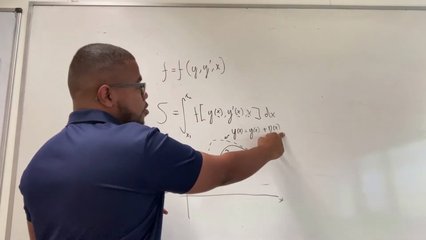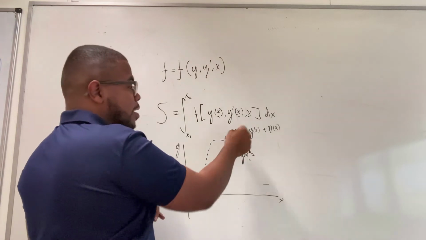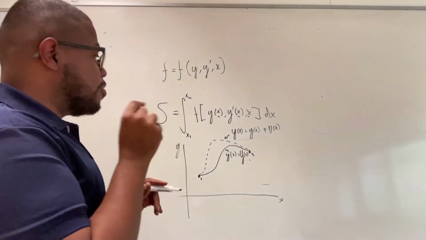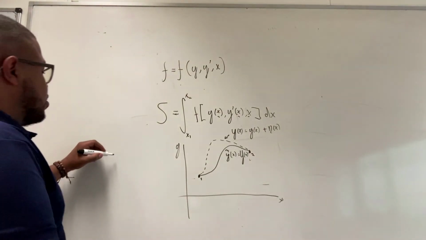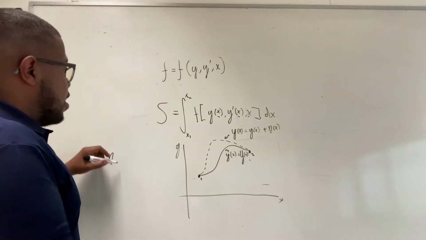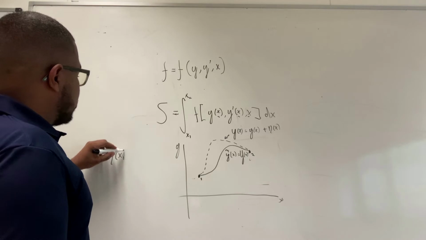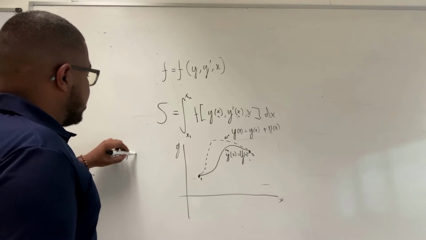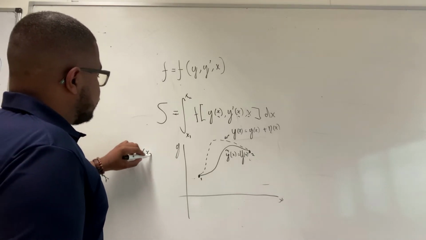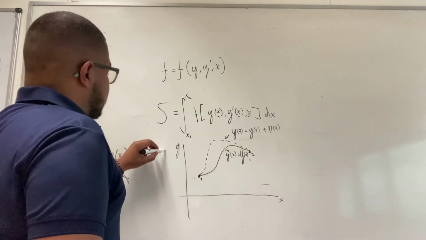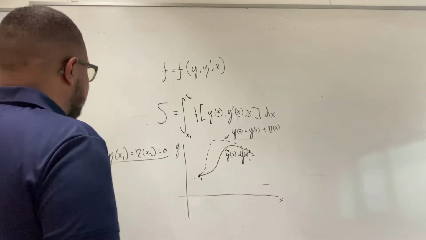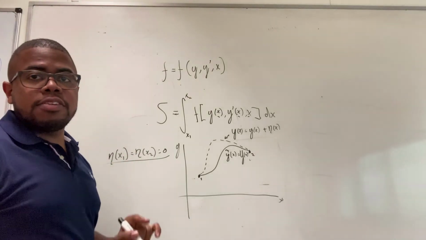So this term needs to be 0 at both x1 and x2. And that is what we will call our boundary condition for this particular problem. So we say that eta of x1 is equal to eta of x2, and at both x1 and x2, eta should be 0.